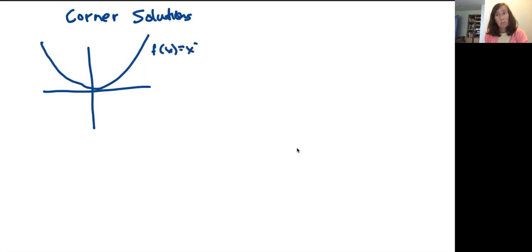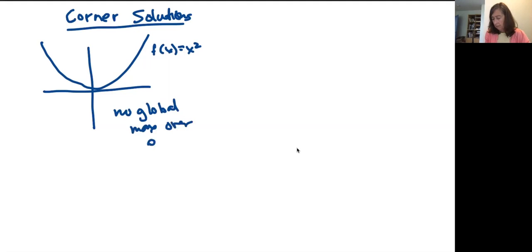There's no global maximum. It just keeps getting bigger and bigger as x heads off toward either positive or negative infinity. No global max over the entire domain. Okay. So that's just kind of bad news.